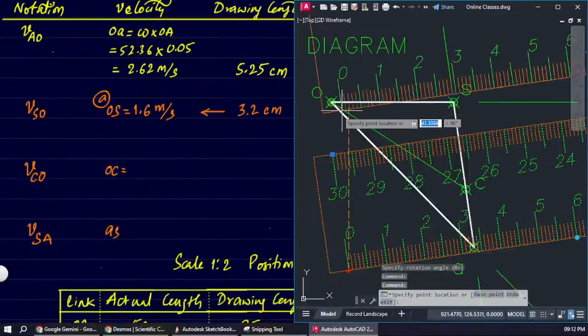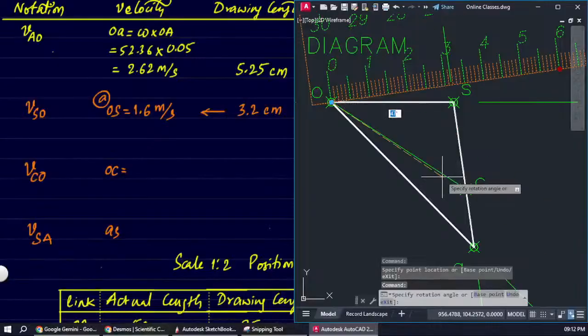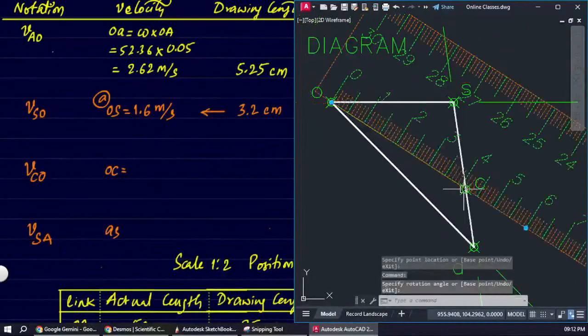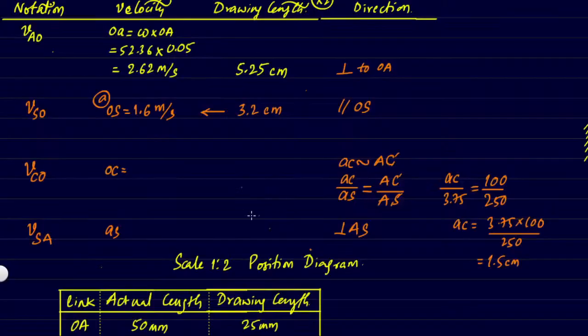Keep it parallel to the line oc and measure it. How much are we getting? Between 4.1 and 4.2, so 4.15. So oc length is 4.15 centimeters.